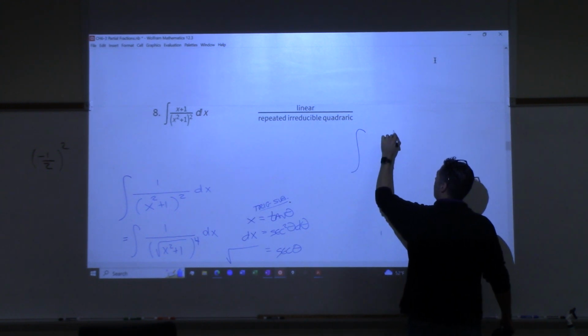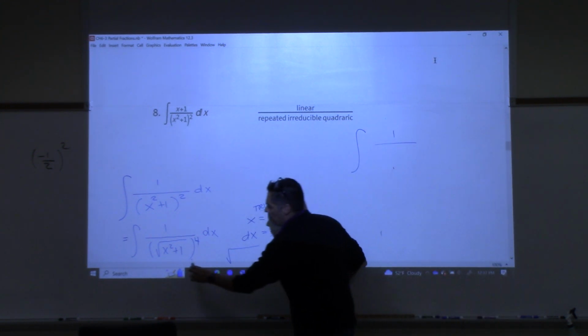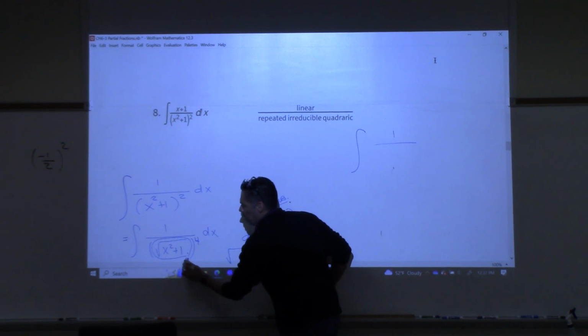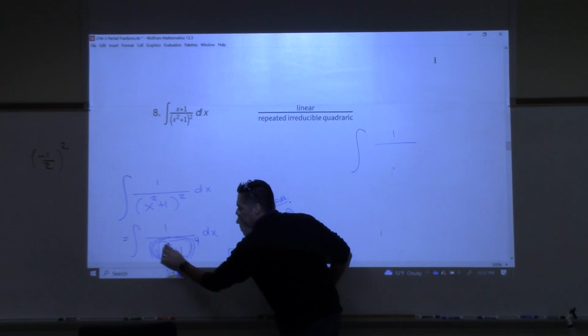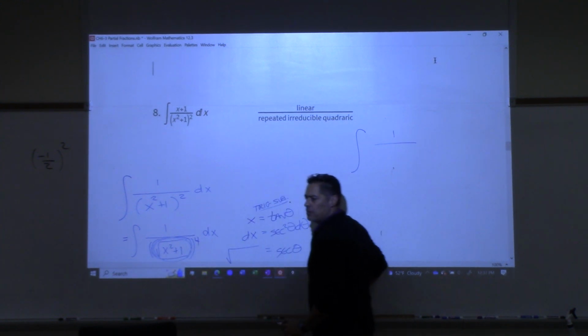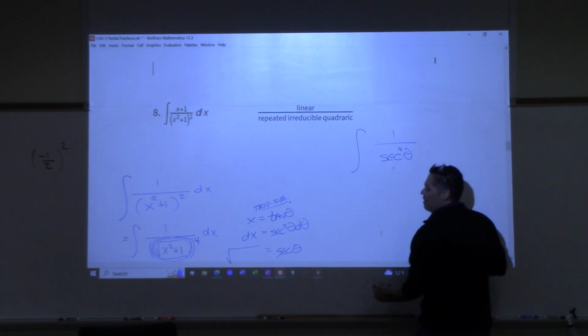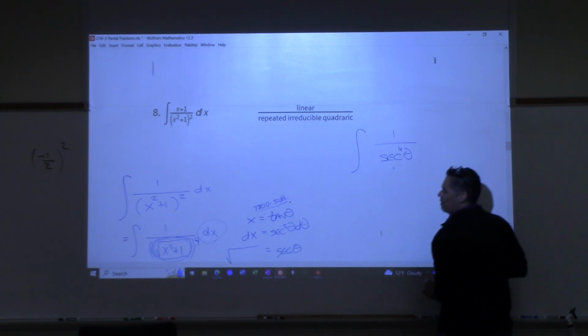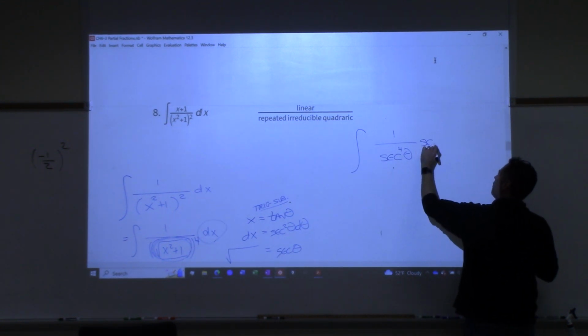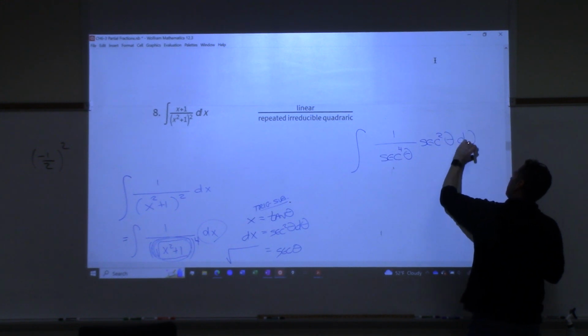This becomes 1 over, okay, this part right here is what? That's secant theta to the 4th. So the bottom is secant to the 4th theta. And then what's dx? Secant squared theta d theta.